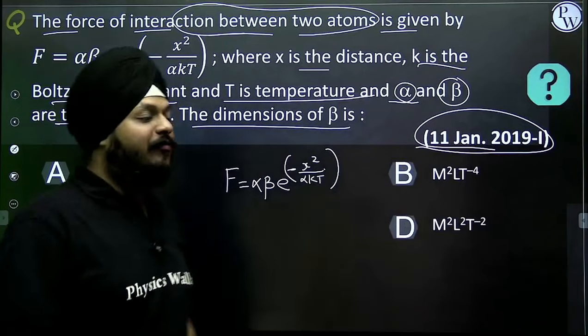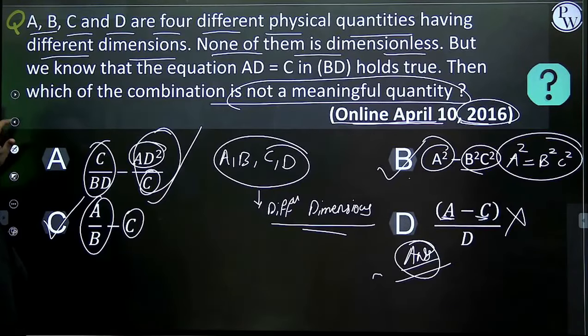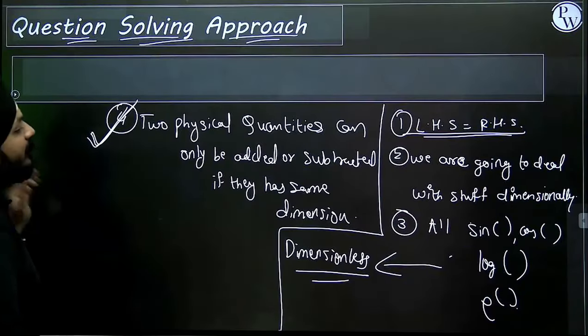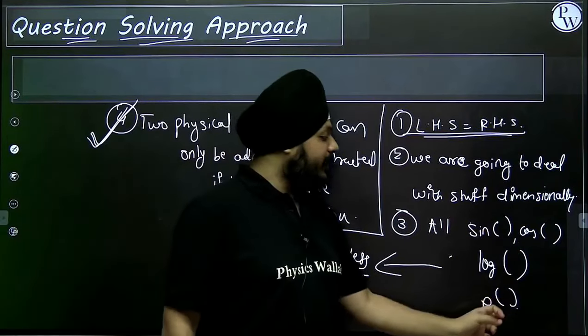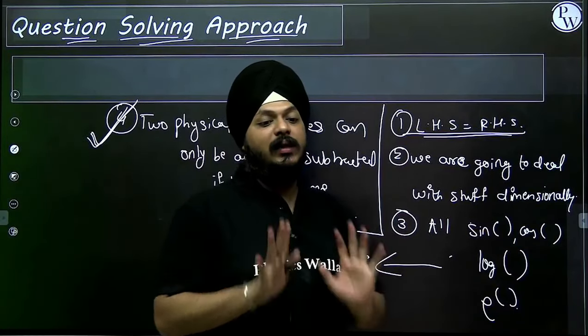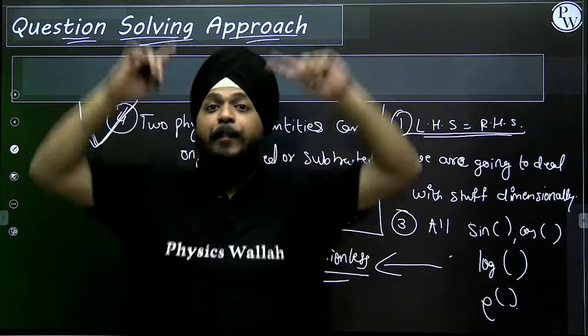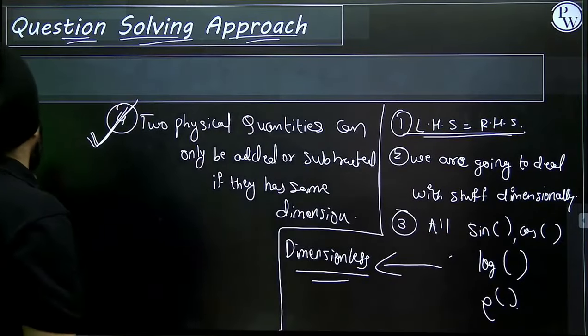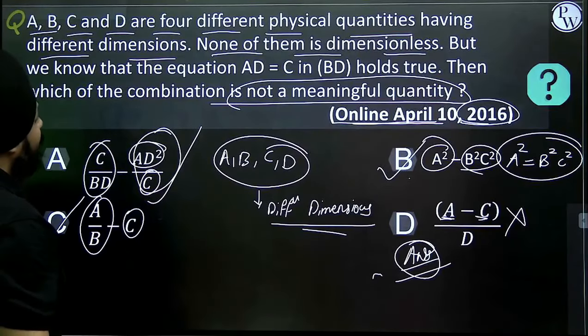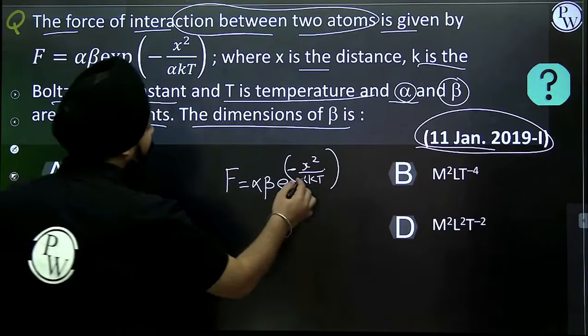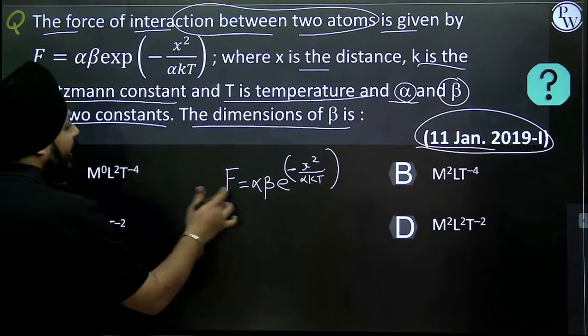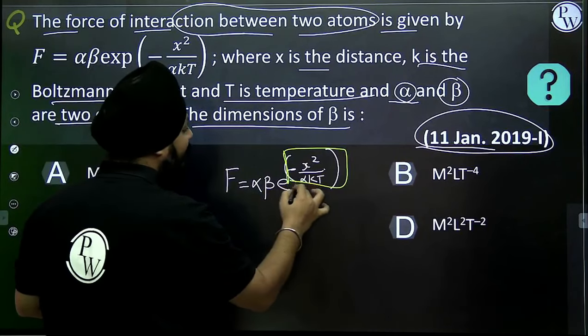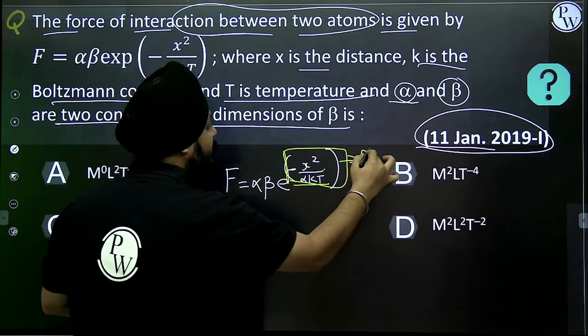F is equal to alpha beta. Question solving approach, point number 3: e to the power terms are dimensionless. It means that after evaluating this e to the power, it is dimensionless.